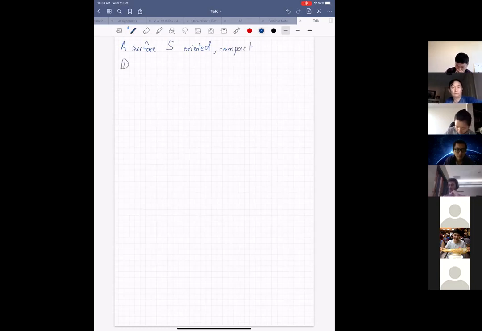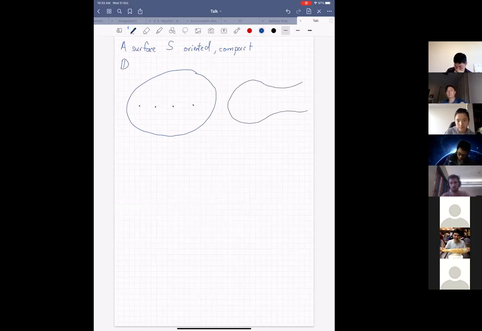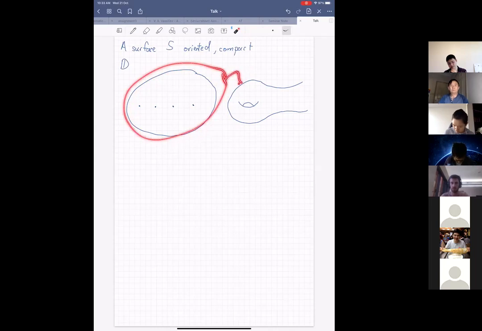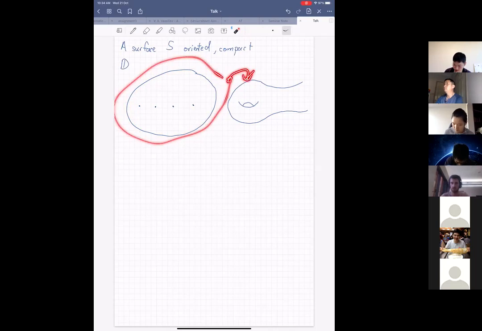In this paper, the two most important surfaces you need to think of: one is this punctured disk, and second you can think of is some sort of Riemann surface. We can also build a Riemann surface from this. But I don't want to discuss how to get it until we reach a point we need to use it.